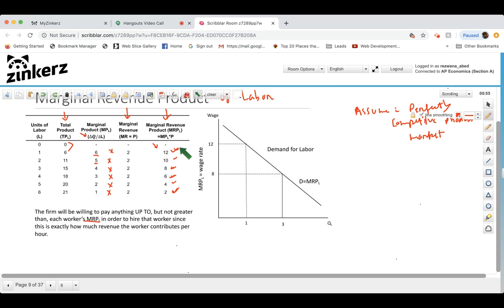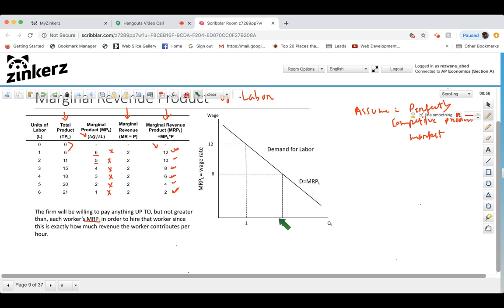So for the first worker, they would be willing to pay all the way up to $12, because this is how much that worker is adding to their total revenue. So $12 is how much they would be willing to pay to hire that first worker.